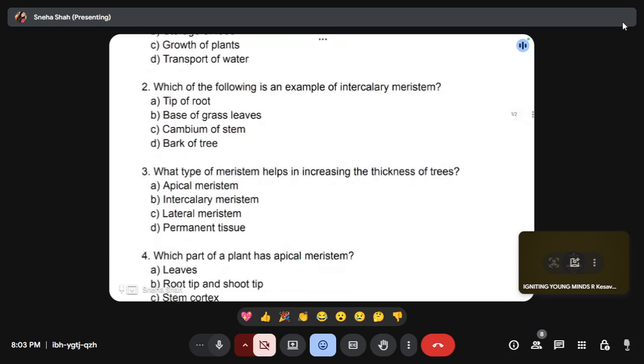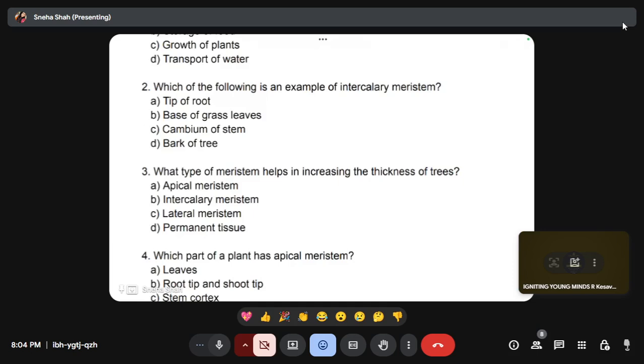Next, which of the following is an example of intercalary meristem? Cambium of stem, ma'am. What do you mean by cambium? Which part? Middle part. Ma'am, the part where the leaves start to grow, ma'am.